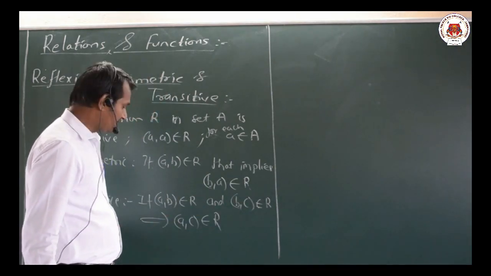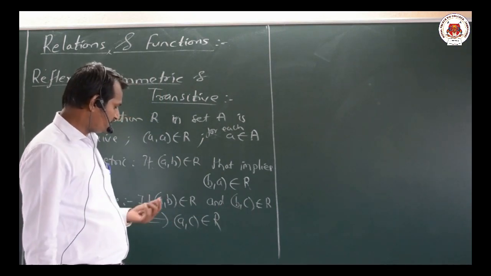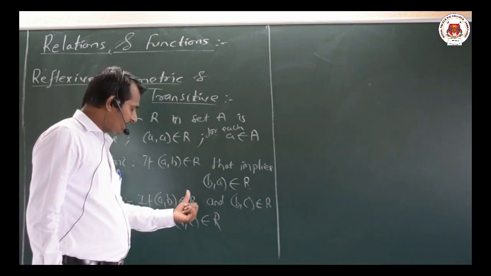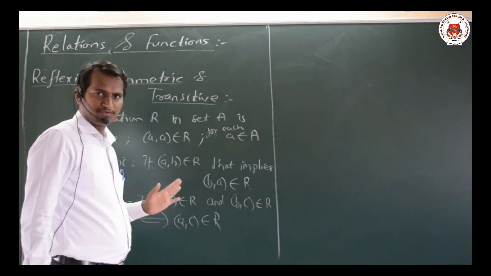Otherwise we can't check for transitive. If suppose in the example you have only (a, b) belongs to R, and you don't have anything starting with b next, then you need not check, it is transitive only.